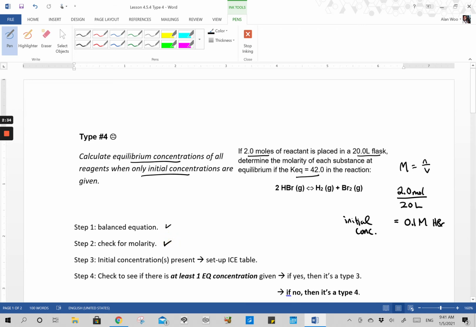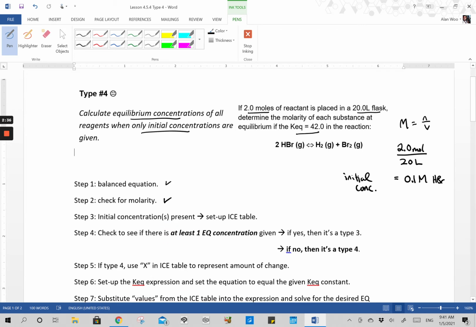So now that everything's in molarity, when you go to step 3 and you realize that you have an initial concentration, the first thing you should think of is to set up an ICE table. I'll go through the rest of the steps here and then we'll actually go through and solve this problem.